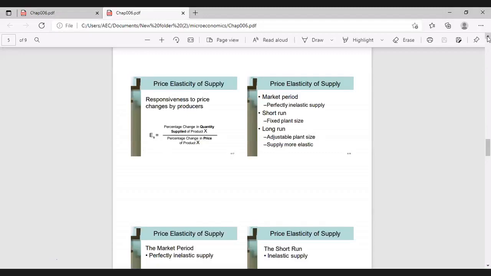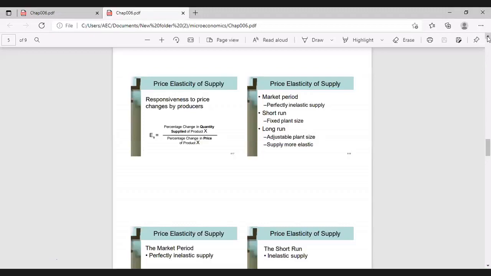So with the same kind of formula, we use the percentage change in quantity supplied over the percentage change in price. So the producers' or sellers' responsiveness to a price change we measure by this formula.